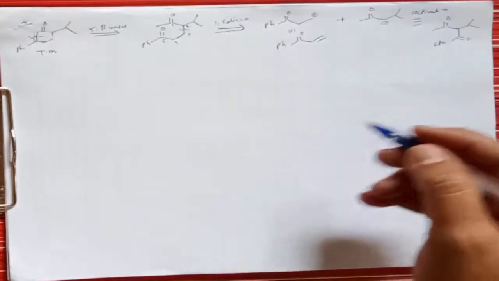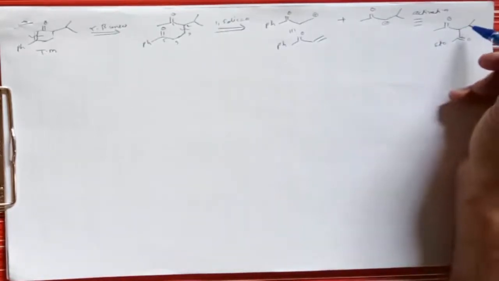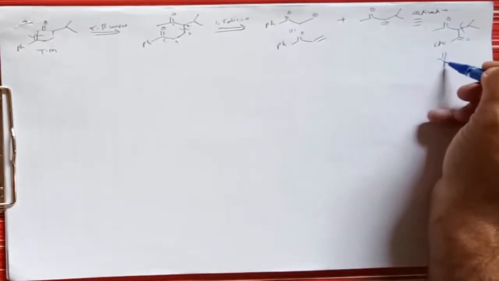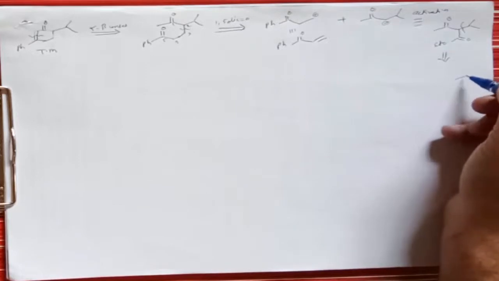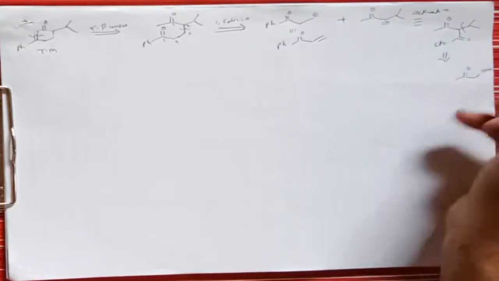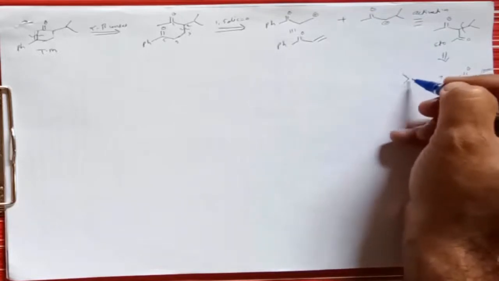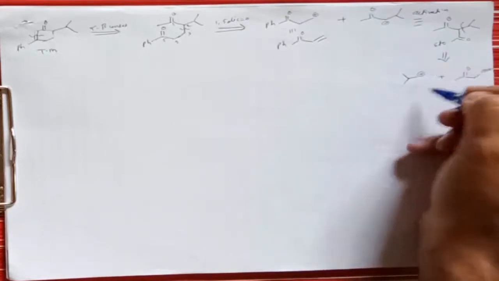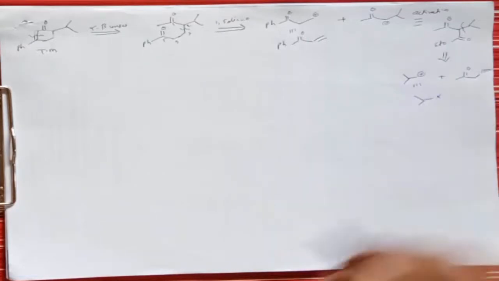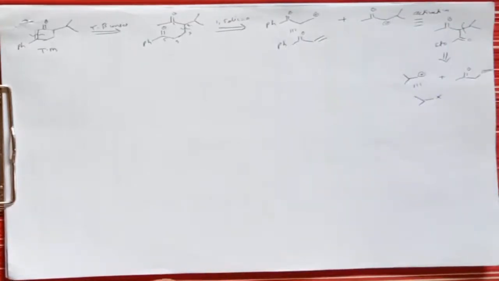Now it is again a 1,3 dicarbonyl pattern, and here we can break the bond at this position, and therefore it gives ethyl acetoacetate, CH3COCH2COOEt, plus a positive charge, and the synthetic equivalent for this we can take as an isopropyl halide.